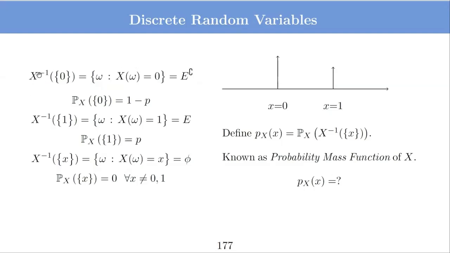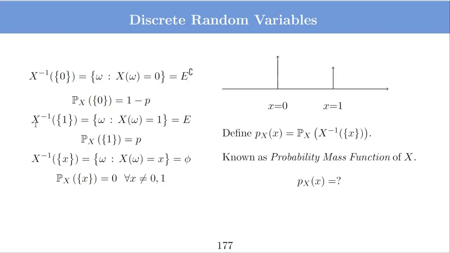What is the pre-image of singleton set 0? The pre-image of singleton set 0 is all omega which maps to 0, and that is equal to E complement. So the probability law of the set 0 is equal to the probability of the pre-image of 0, which is the probability of E complement, which is 1 minus p.